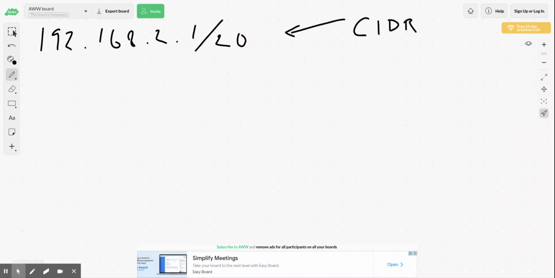So that would mean that I have 16 1s and a 0. That would be my first 2 octets. But that's only 16. I'm also going to have 4, and then I'll have some 0s. Also 4, and then more 0s.